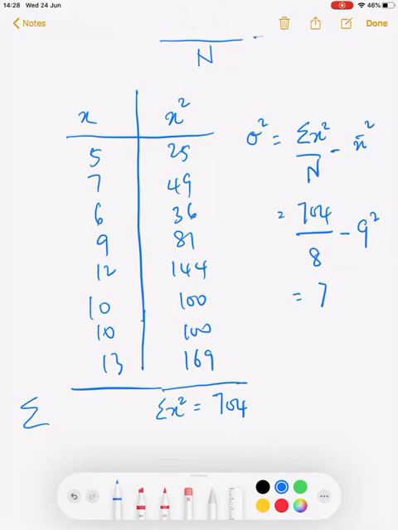So the variance is 7. The standard deviation is just the square root of the variance, the square root of 7, which equals 2.646. That's how we calculate the variance and standard deviation.